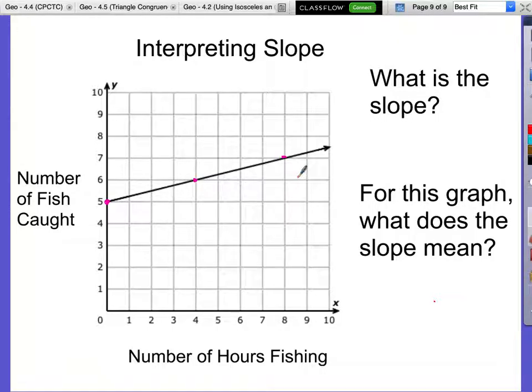Yep. And so what's that mean for this graph? Very good. Almost correct.